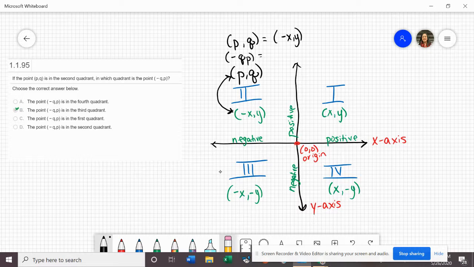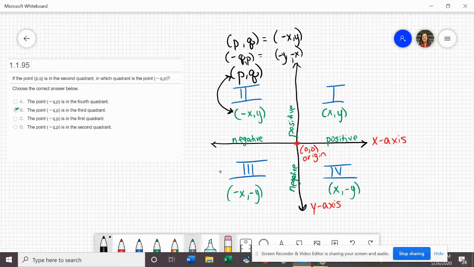Well, I know my P is the same thing as a negative X. So let's look at my ordered pairs. Where I have my P, I could put a negative X. My Q is the same thing as my Y, but I have the opposite of that Y, so that's going to be a negative Y. So what I'm left with is a negative Y, negative X.